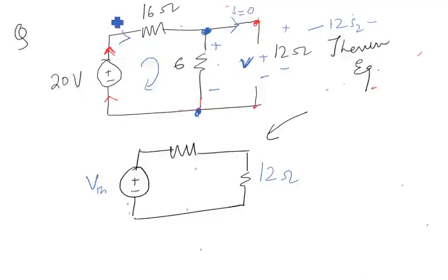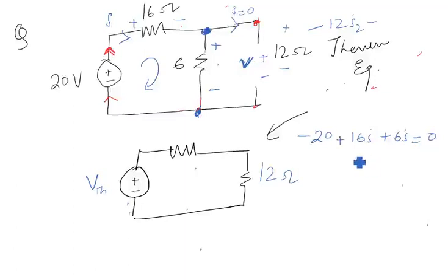Assuming current I, use KVL: minus 20, since current is entering, plus 16I plus 6I equal to 0, right?